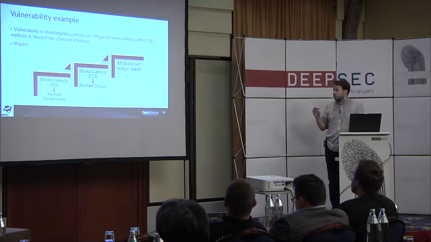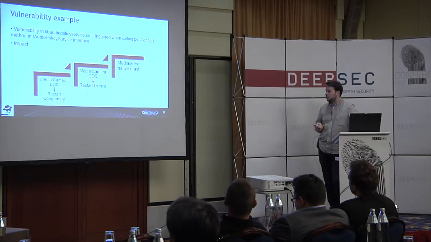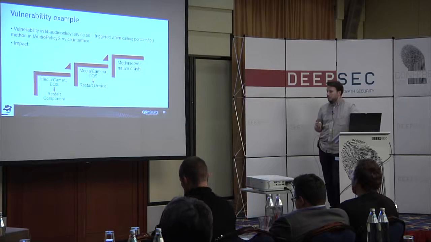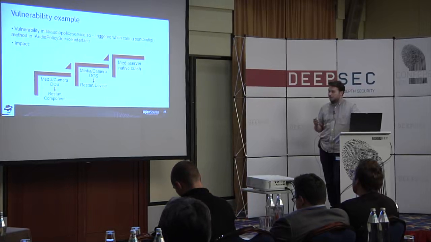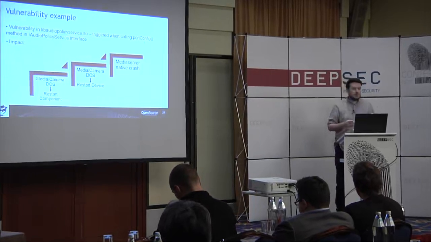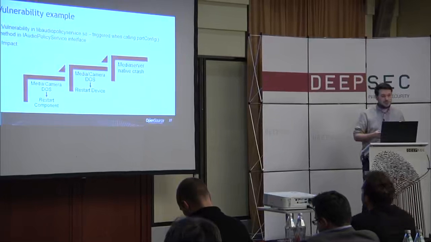It has like a triple impact, let's say. First of all, it triggers a denial of service situation where you need to restart all the components that are being affected. There are about 6 or 7 services that are getting killed when the issue is being triggered.